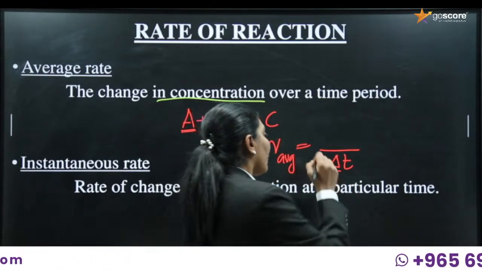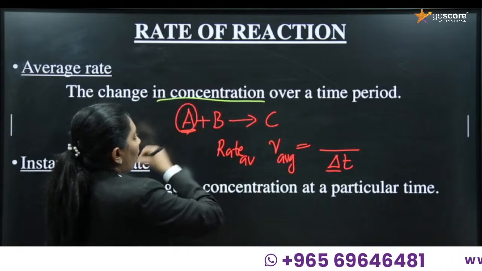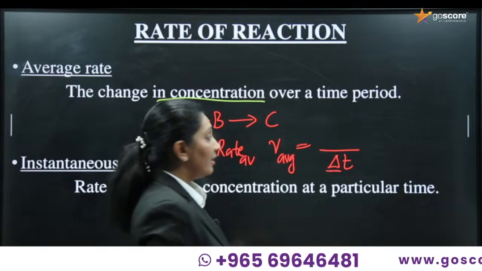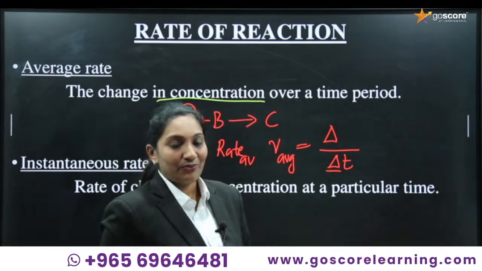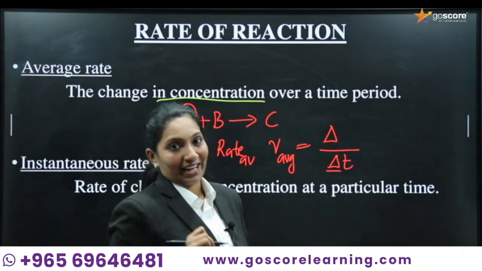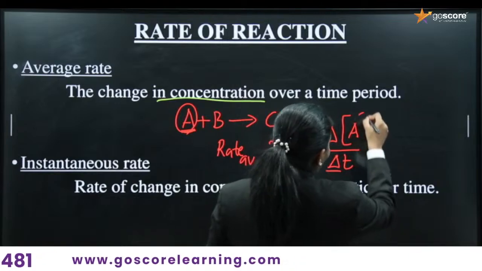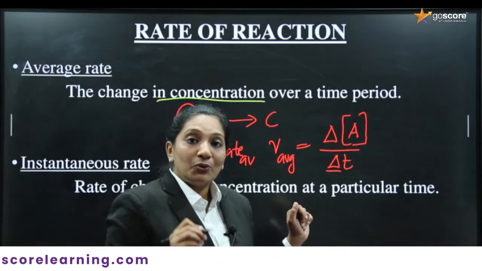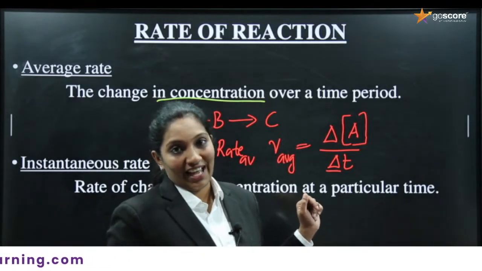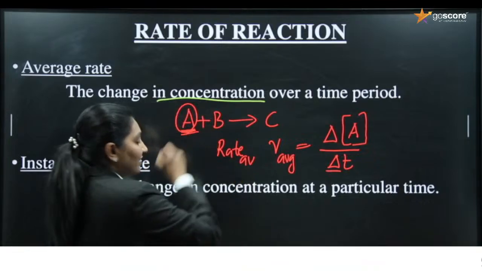Delta T, divided into the change in the concentration of reactant A. For writing the concentration, we have to put a square bracket. So if you write a square bracket and inside that A, it indicates the molar concentration of reactant A. Here A is the reactant.